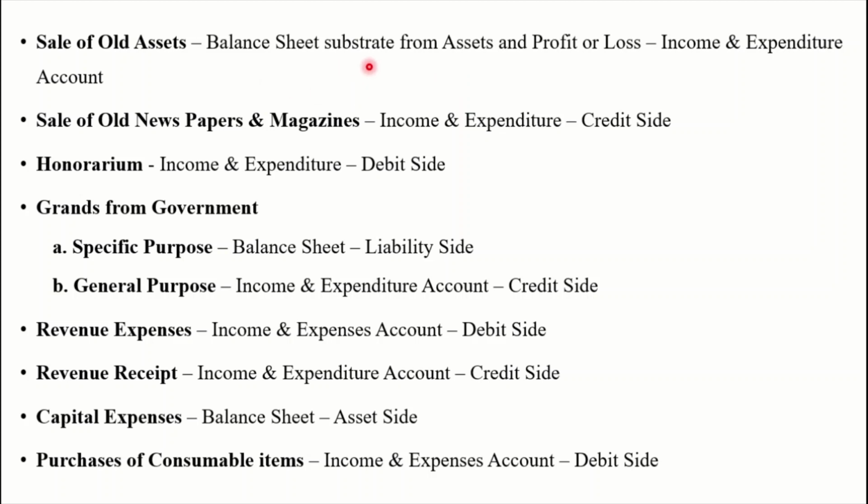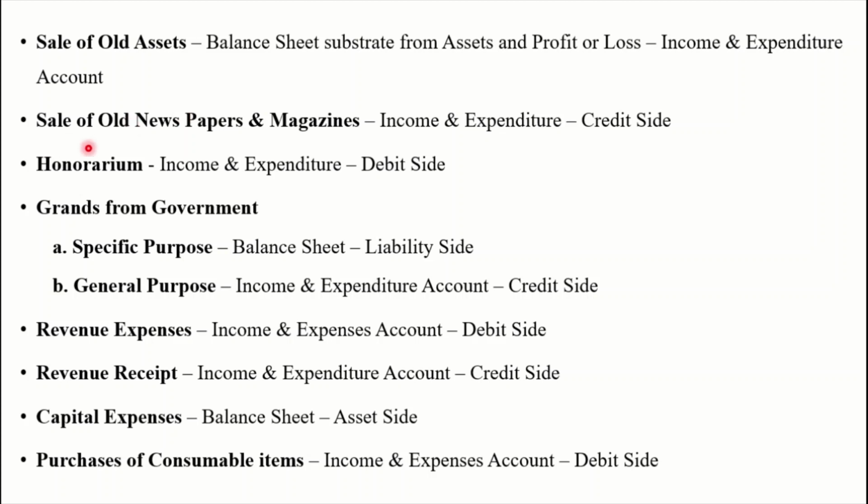And by selling that asset, if we generate a profit, we record it on the credit side of the income and expenditure account. If the result of selling the asset is a loss, we record it on the debit side of the income and expenditure account. If there is a profit, we record on the credit side; if there is a loss, we record on the debit side.